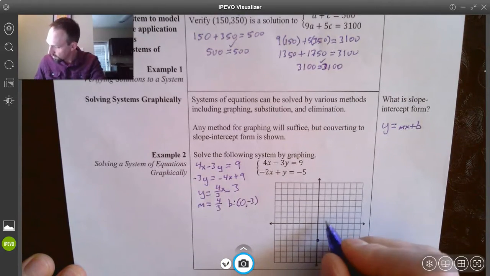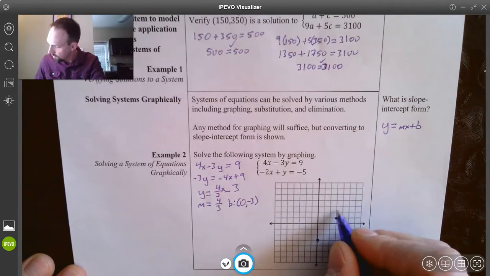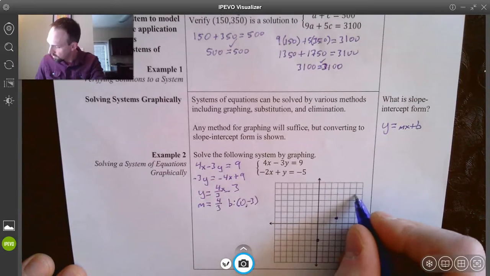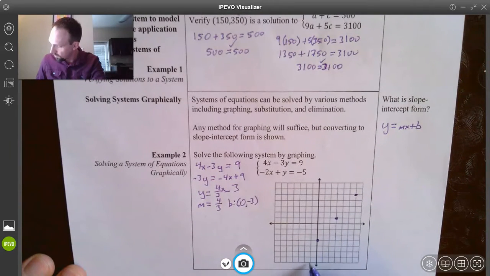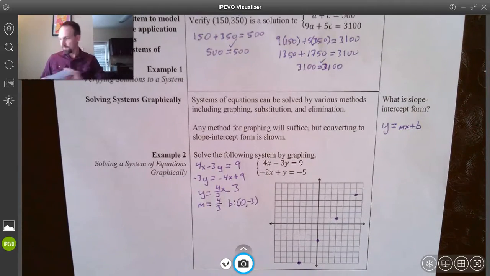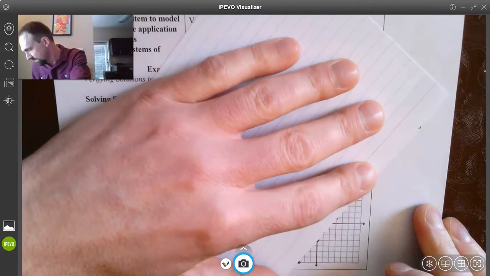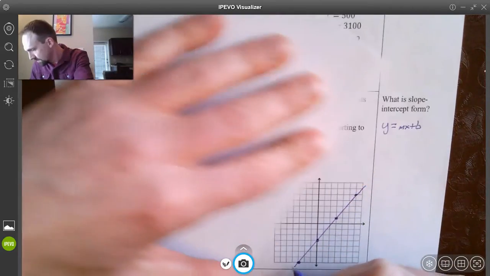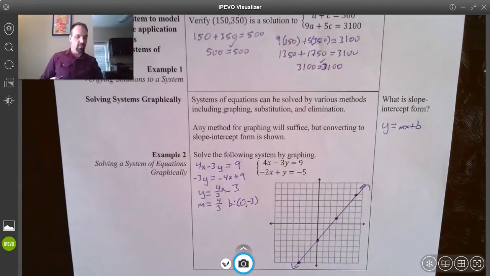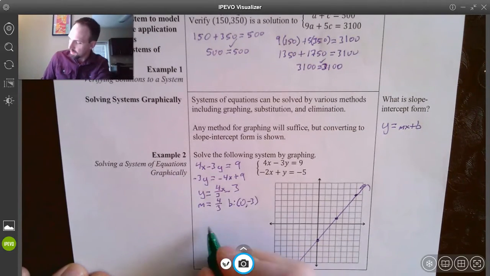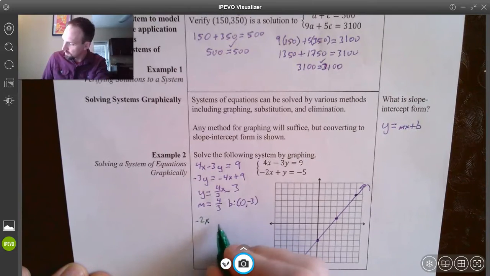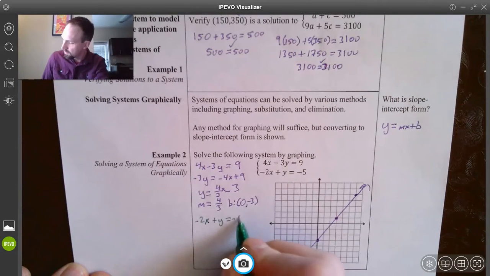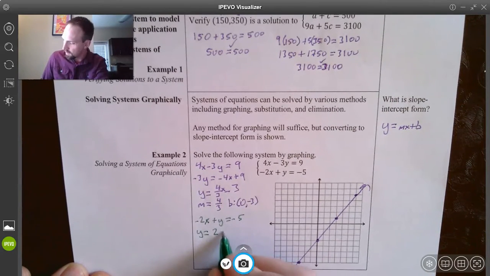Then connect them using a straight edge. There we go. So that's for that first one. For the second one, it's a lot easier since all I'll be doing is just adding 2x on both sides. So this gives me y equals 2x minus 5.